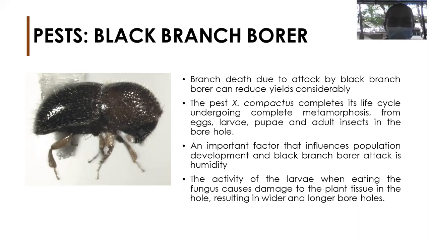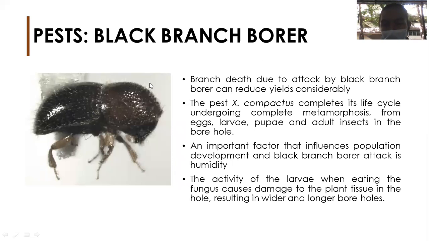And then the pest black branch borer. Branches attacked by the black branch borer can reduce yields considerably. The pest, Xylosandrus compactus, completes its life cycle undergoing complete metamorphosis from egg, larva, pupa, and adult insect in the burrow hole.